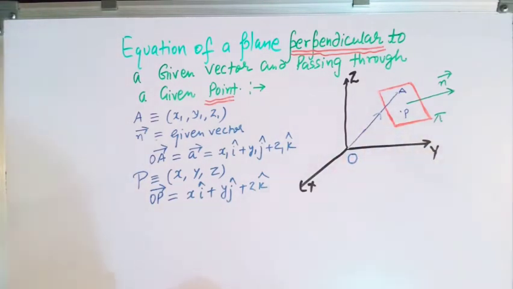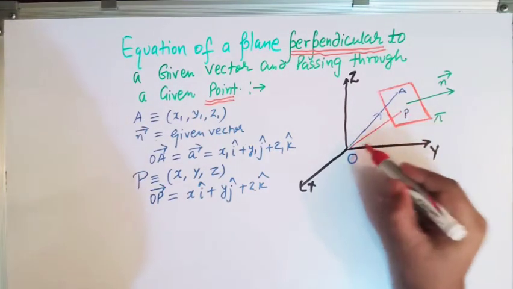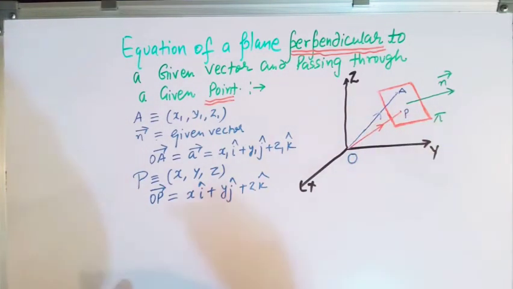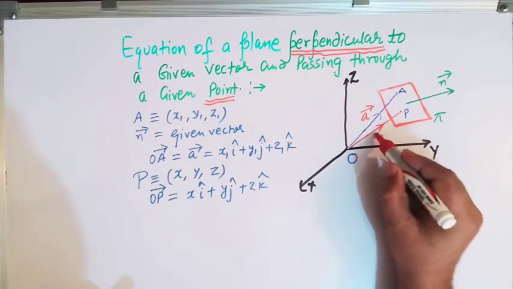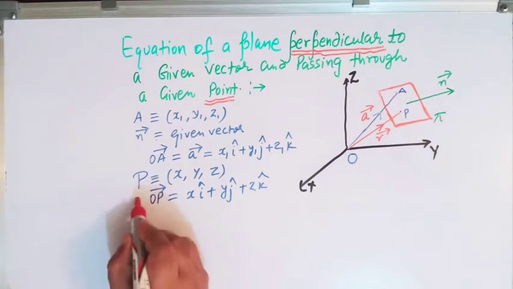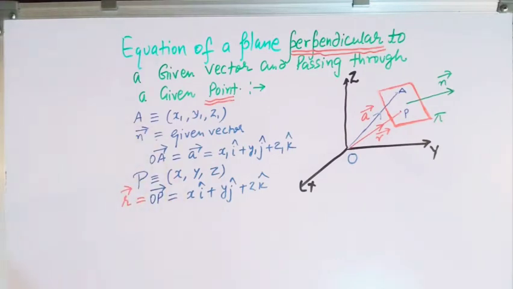Now let us join OP, and this is our OP vector, right? So this is vector a, and let us say this vector is r, right? This is vector r.